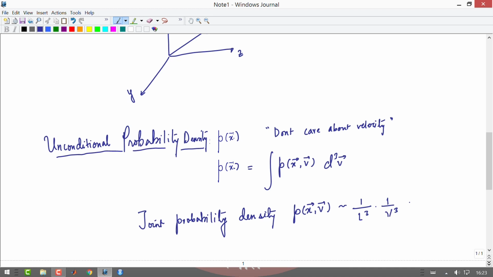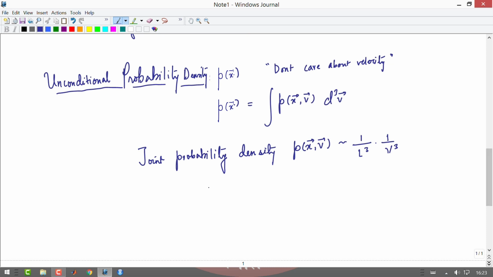Because if you integrate the joint probability density over the entire phase space, what you get is basically the normalization, which is 1.